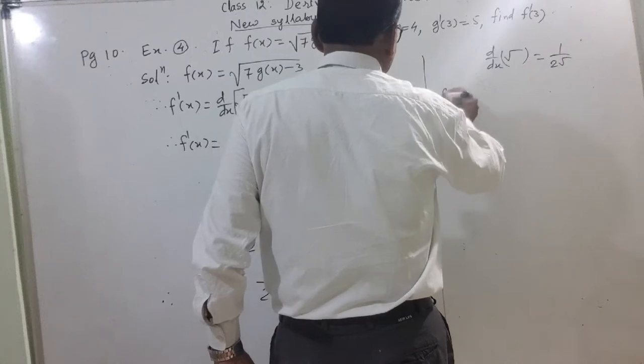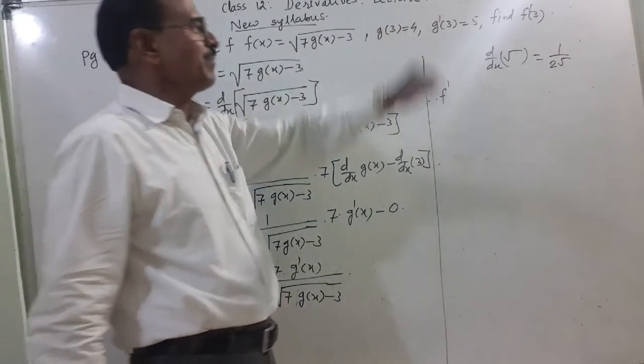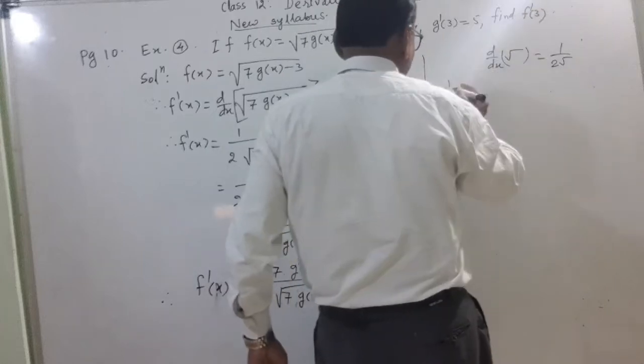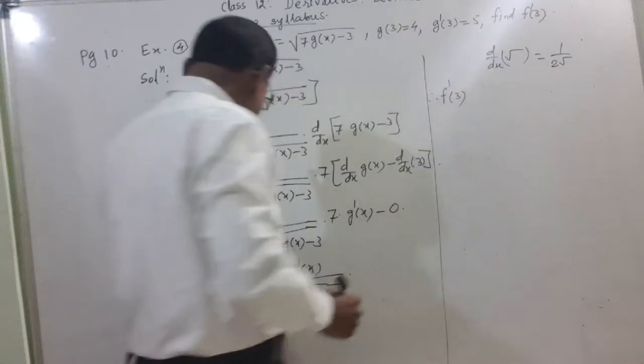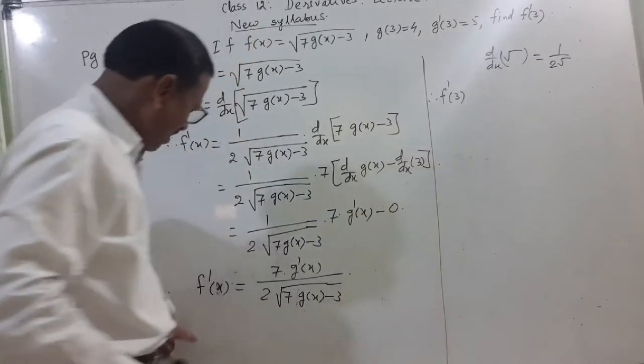Therefore, this is f dash of x, but I am interested in f dash of 3, so I will write f dash of 3. What I have done: at the place of x, I have written 3, wherever I am getting x.